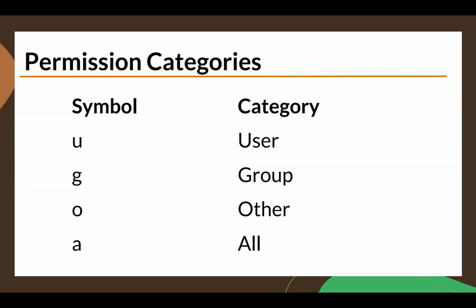The users that are in the file's group are represented by g. Users that are not the owner and do not belong to the file's group are considered as others, o. And a is used to represent all, anything, everybody.